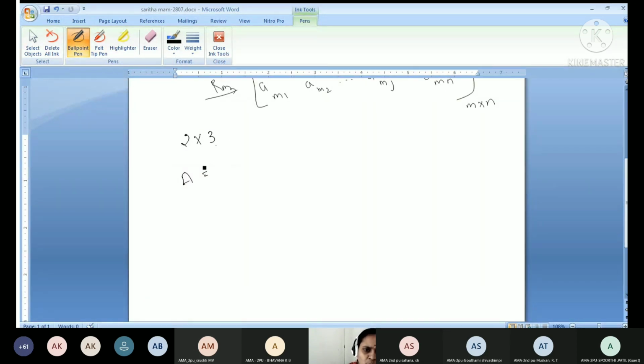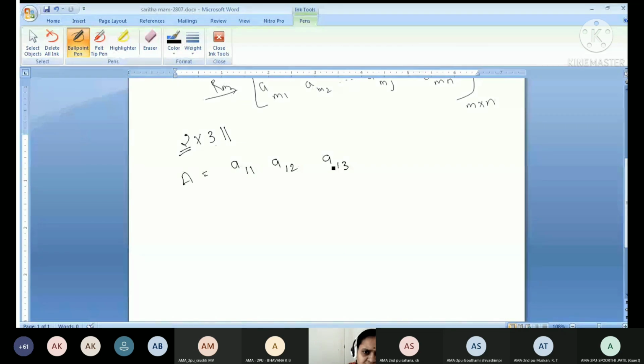I should take 2 rows and 3 columns. So the first row is A11, A12, A13. I should stop here. I should not go for A14. Only 3 columns they are telling.